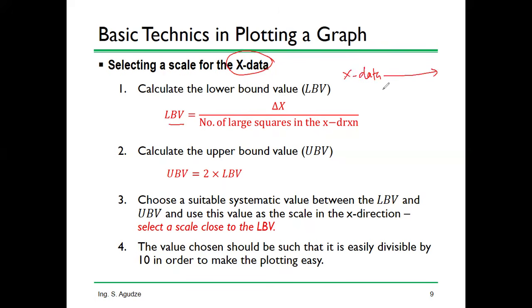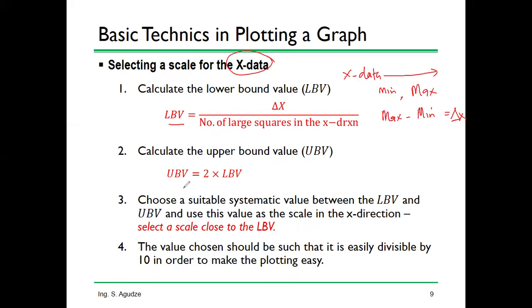Look through all the X values, pick the minimum and the maximum. The max minus the min gives you the change in X. When you do this calculation, we call it the lower bound value.